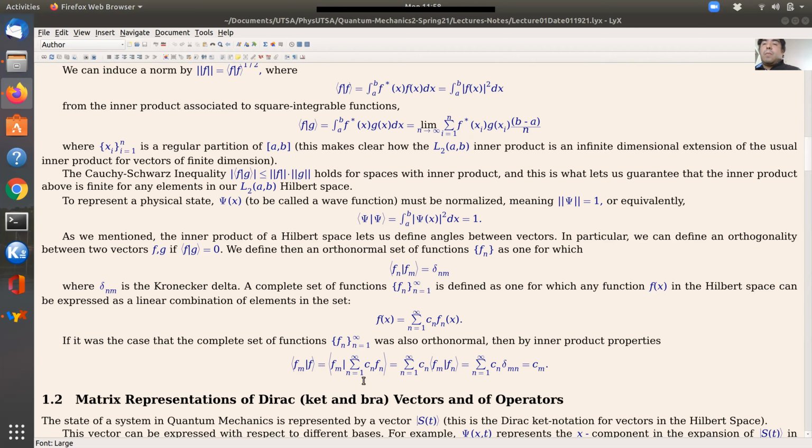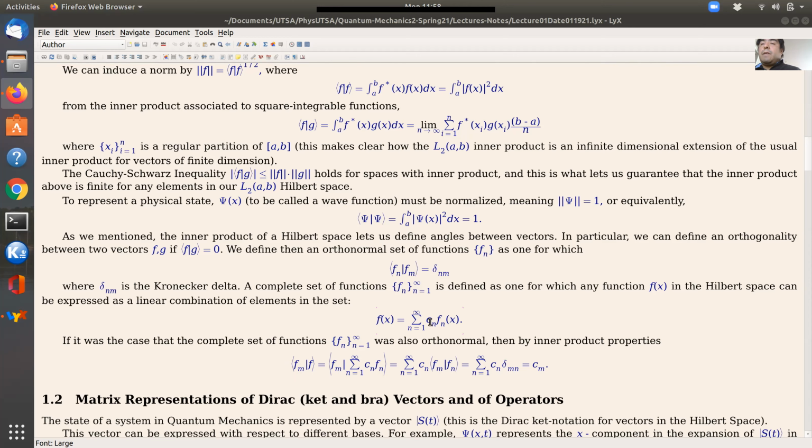Then you remember that the inner product is linear in the second argument, so you can take out the sum and the constants. And then you have the orthonormality property that was assumed at the very end. And therefore, you'll have the Dirac delta, and this will collapse, choosing from all n's only the one that is equal to m.